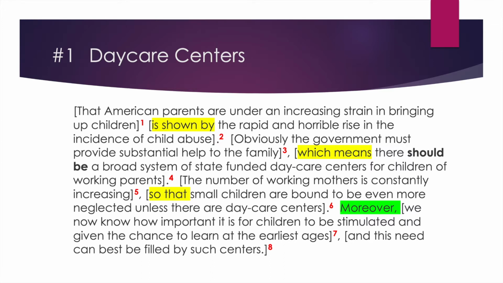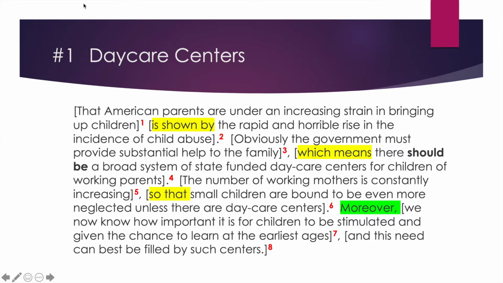So let's read the sentence. "Moreover, we now know how important it is for children to be stimulated and given the chance to learn at the earliest ages." We'll make that assertion number 7. "And this need can best be filled by such centers." So we have the need and a proposed solution to the need. So 7 and 8 are linked together here.